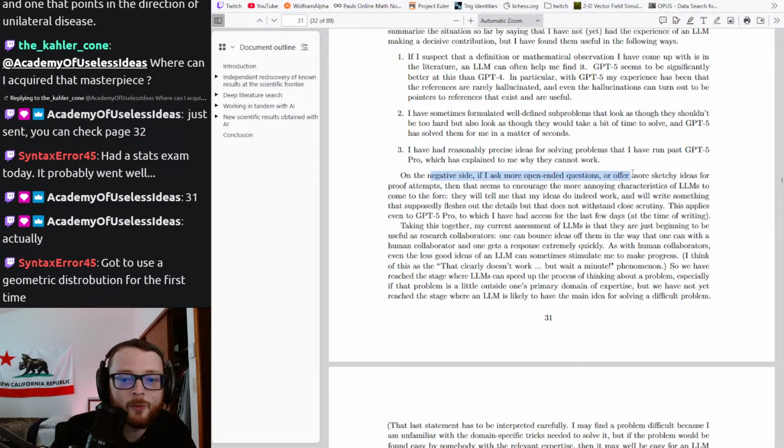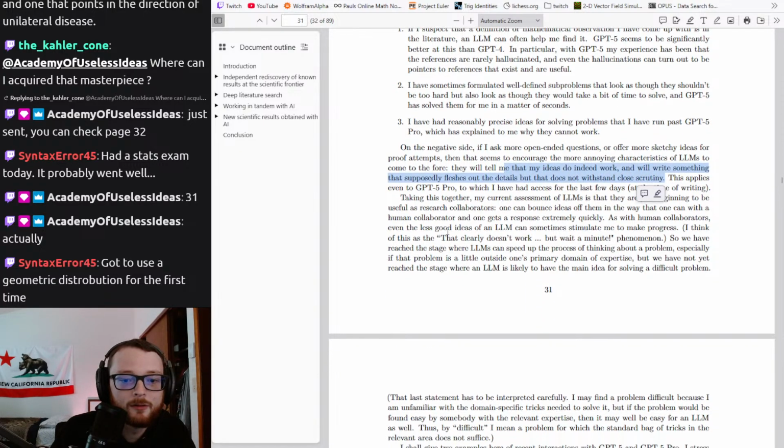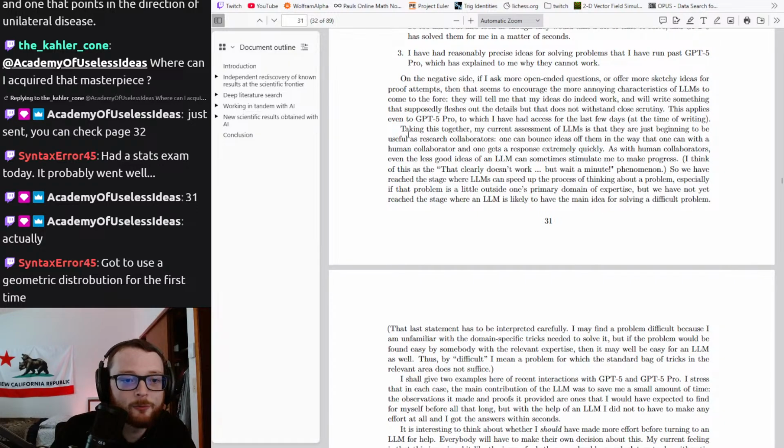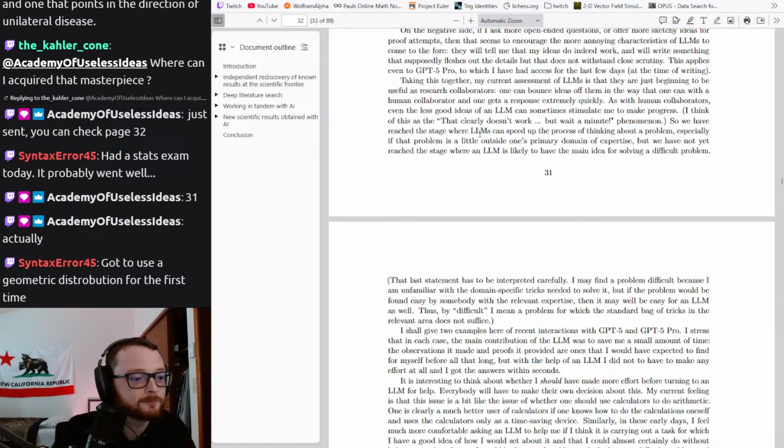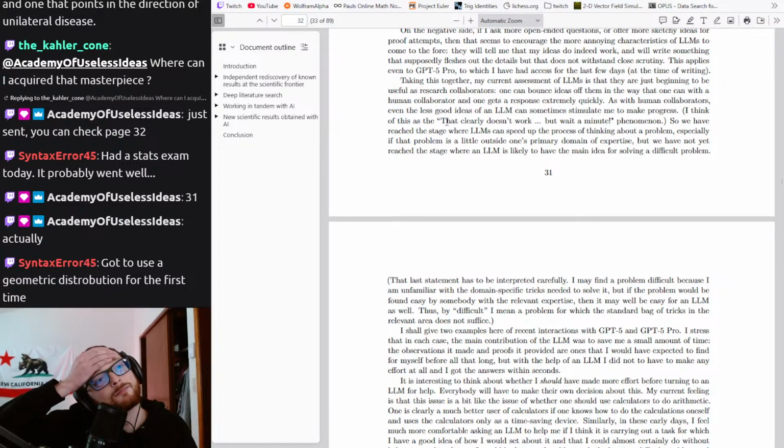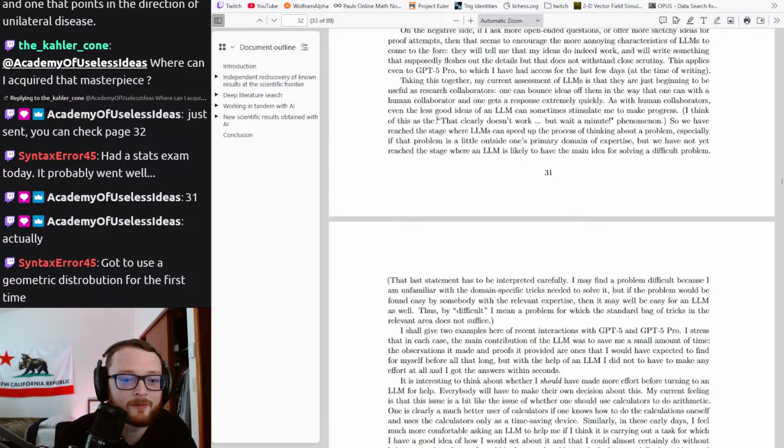It's not good with open-ended questions or sketchy ideas for proof attempts. The ideas do not withstand close scrutiny. The AI is programmed just to kind of agree with you, yeah. Ooh, yeah, geometric distribution. You can interpret it like the binomial distribution, like the first time you get a success, maybe? Or if I remember right.